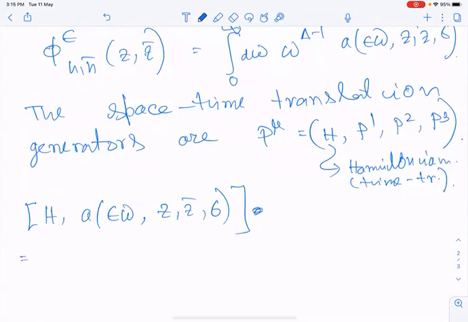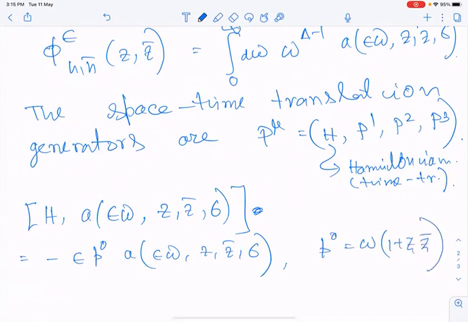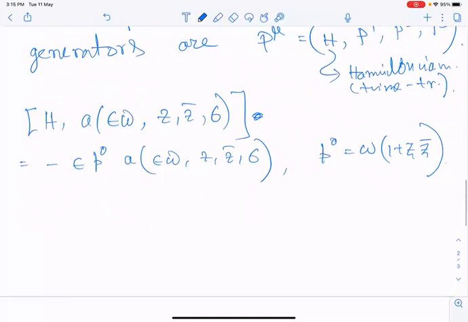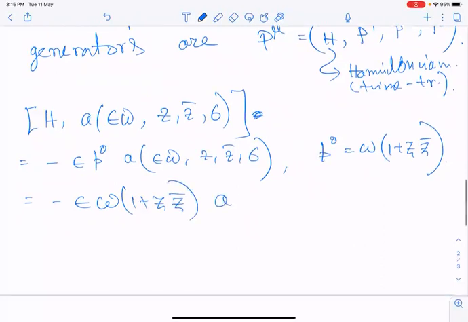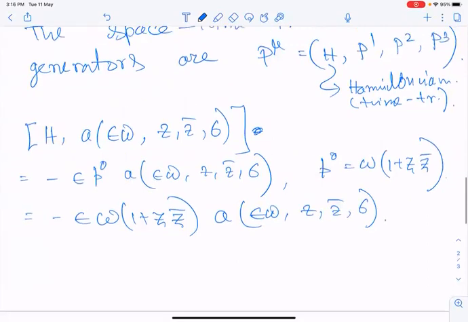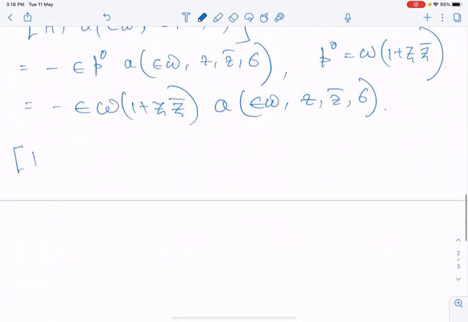This commutator is just, you know, minus epsilon p0 e to the epsilon omega z z bar sigma. Here the p0 is omega times 1 plus z z bar. So you can write also as minus epsilon omega. Now we can compute this commutator between H and phi.